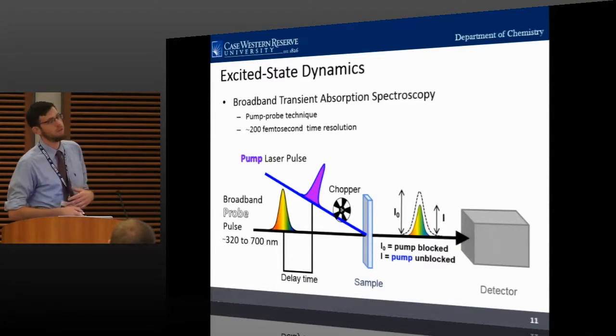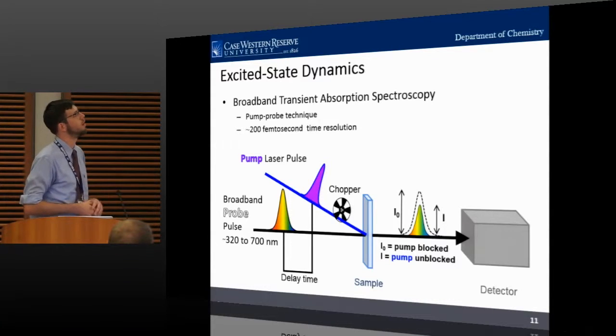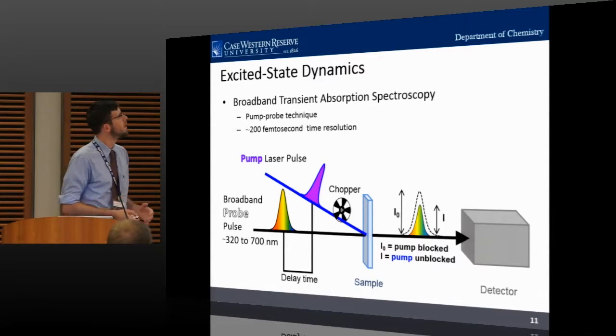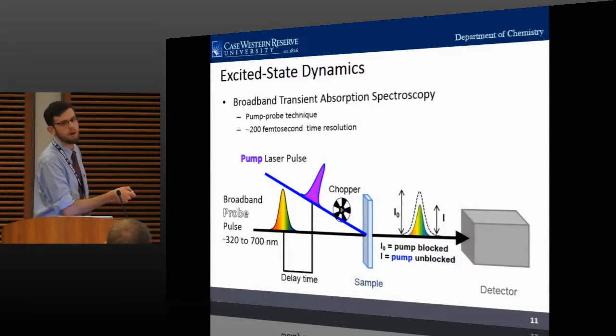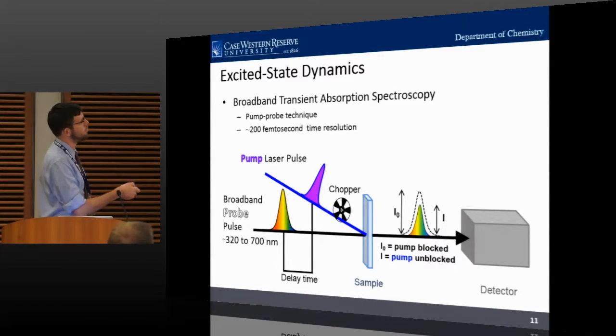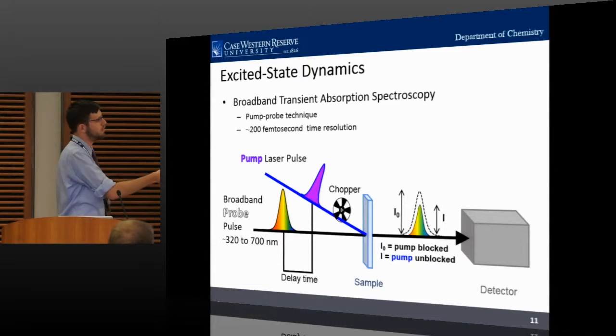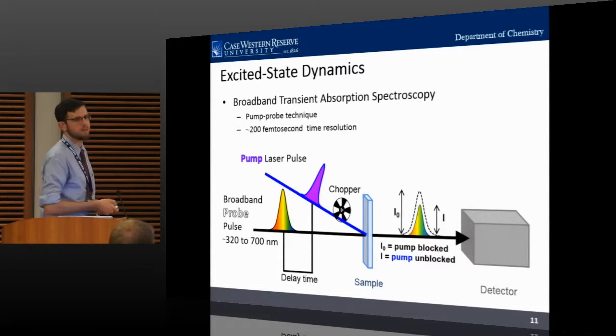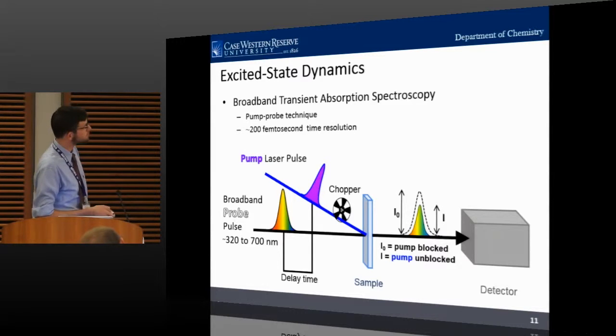So to do that, we use our pump-probe transient absorption spectroscopy, where we use one laser pulse to pump our sample and send it to an excited state. And then we use a second pulse at a certain time delay to look at changes in that excited state. We detect changes in the absorption of the sample, and we see the change in absorbance.